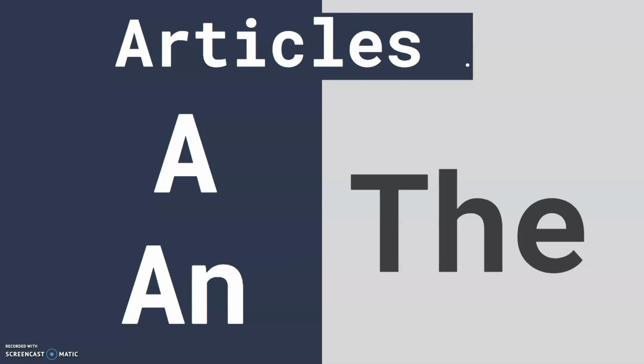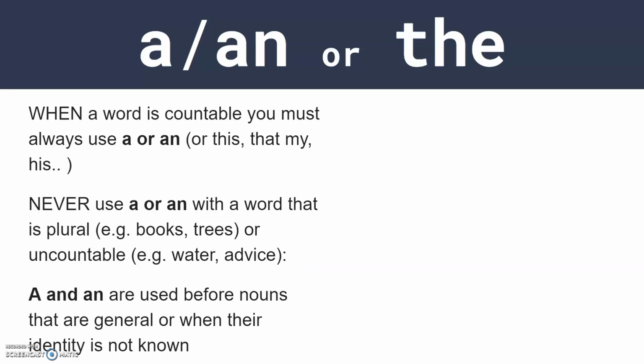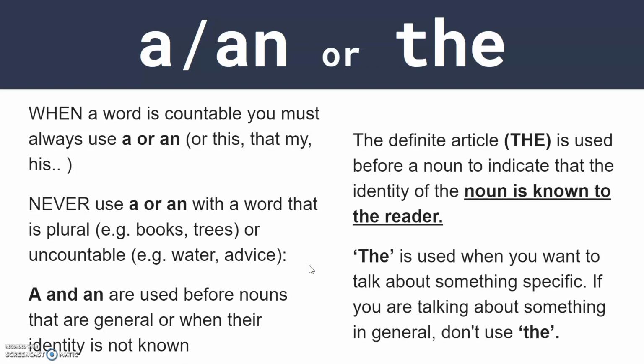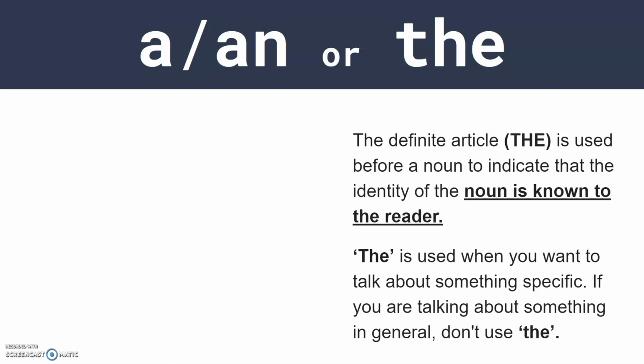Okay, moving on to the. So we've looked at a and an, now we're looking at the. As we said, a and an, it's a singular object, and it's general. But what's different with the is that it is used before a noun to indicate the identity of the noun is known to the reader. So you're talking about a specific noun.